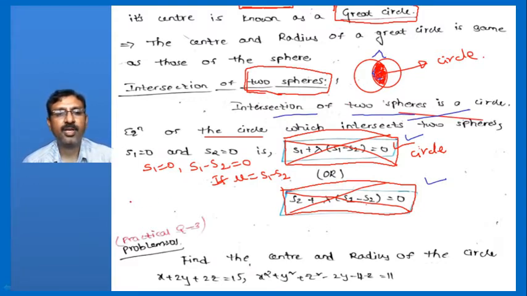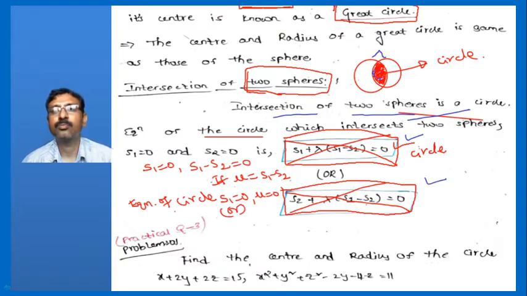Therefore, equation of circle is simply S1 equal to 0 and u equal to 0, or S2 equal to 0, u equal to 0. Both are correct. Either we can use this or we can use this.